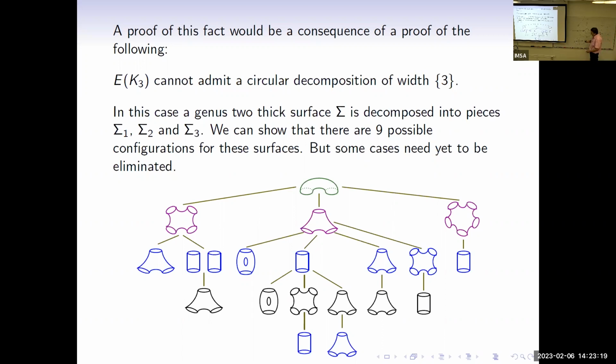But for the case of 5 surface, we show that it has a decomposition with 1 surface. We have to show that it has a decomposition with 2 surfaces. But this will follow from the same proof, because if we have this 5 surface and a decomposition, it means that we have one decomposition here, also used 2, and another here.